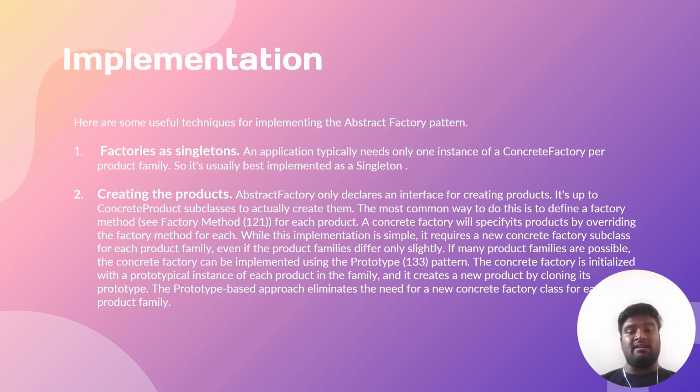A concrete factory will specify its products by overriding the factory method for each. While this implementation is simple, it requires a new concrete factory subclass for each product family, even if the product families differ only slightly, if many product families are possible.